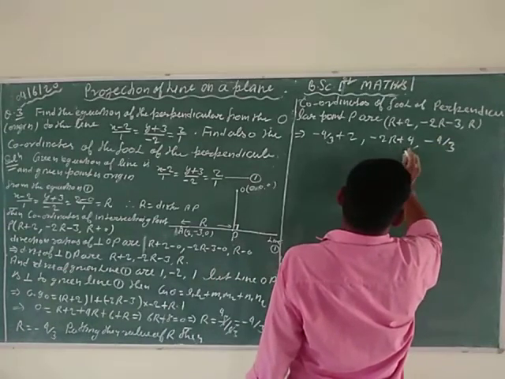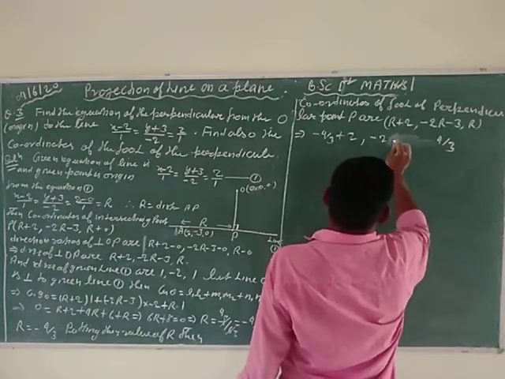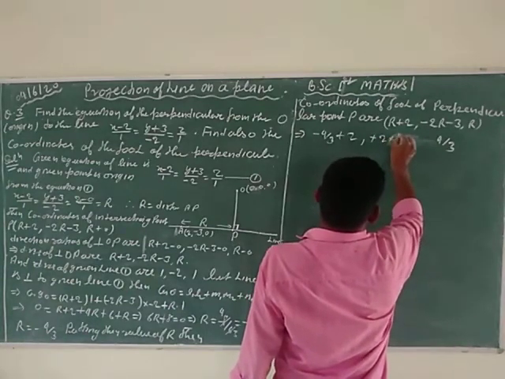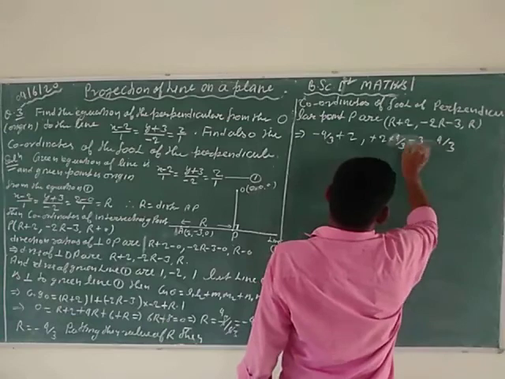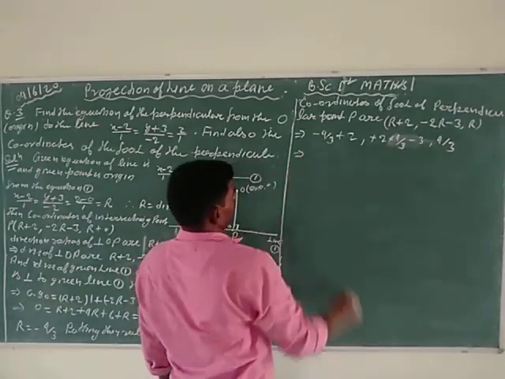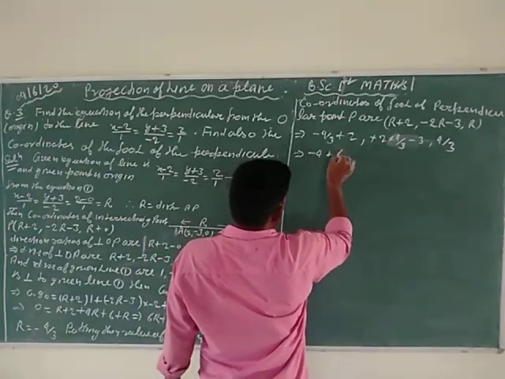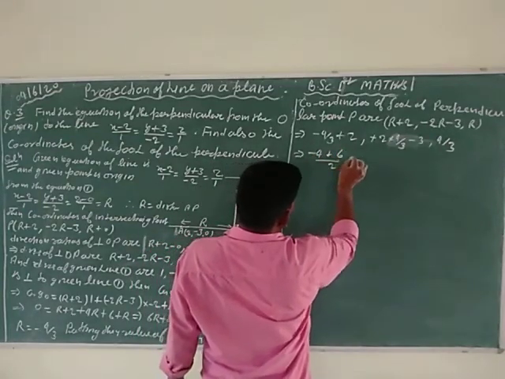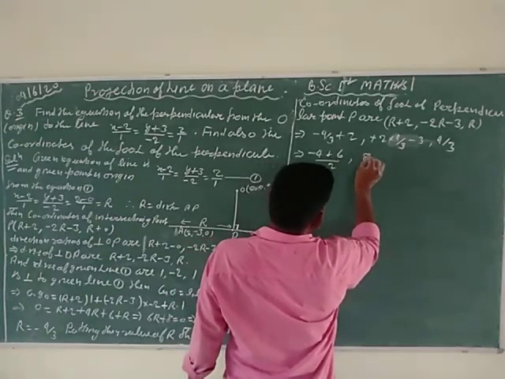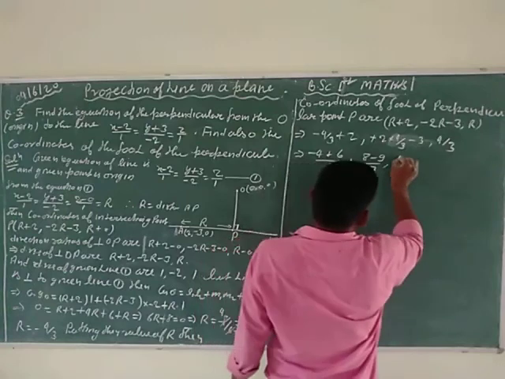Simplify: minus 4 plus 6 by 3, 8 minus 9 by 3, and minus 4 by 3.